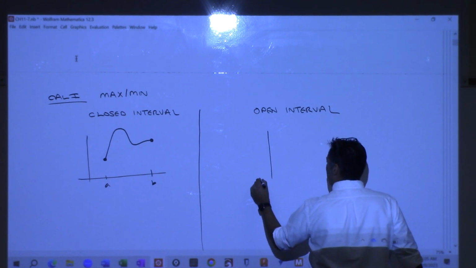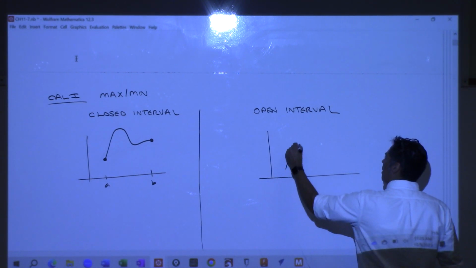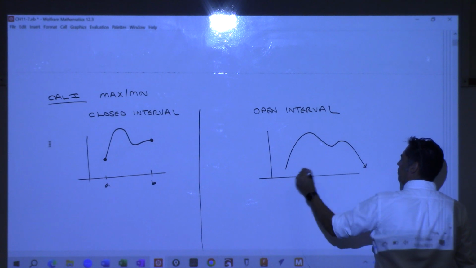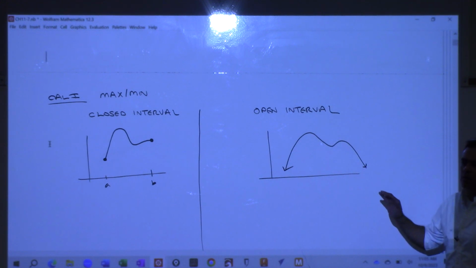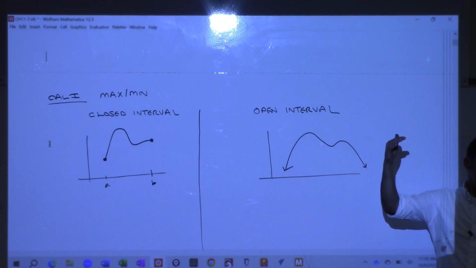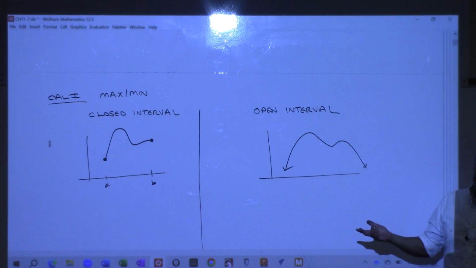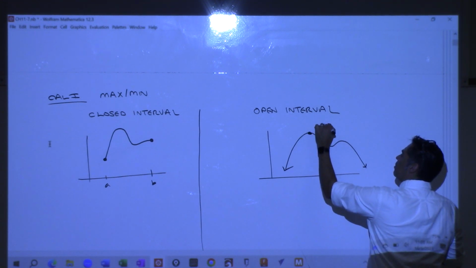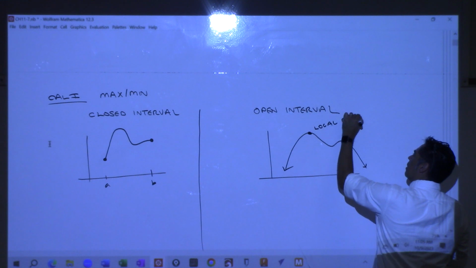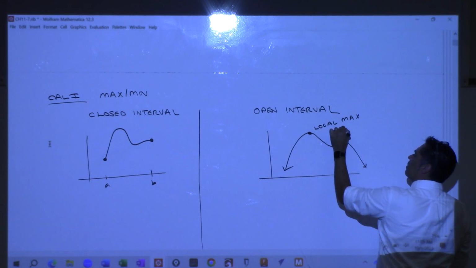So if you have a function that's on an open interval, maybe it goes like this. That means it's not closed, right? It continues. Then we don't have an idea here of an absolute maximum, but we have what are called local maximums and local minimums. So this right here would be a local max, right? This is also a local max.